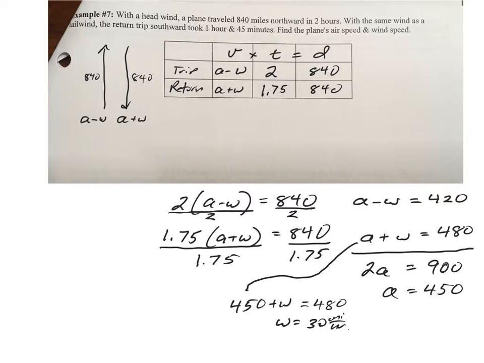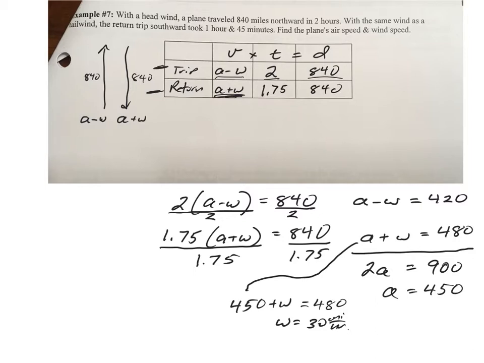So let's go ahead and do that again. We just need to figure out if it's a headwind, it means the wind is hitting it and slowing it down. So on trip 2, we have a headwind, which slows things down. So we get A minus W, put the time in and the distance. For the return trip, we have the wind working with us, a tailwind, and that makes us go faster.